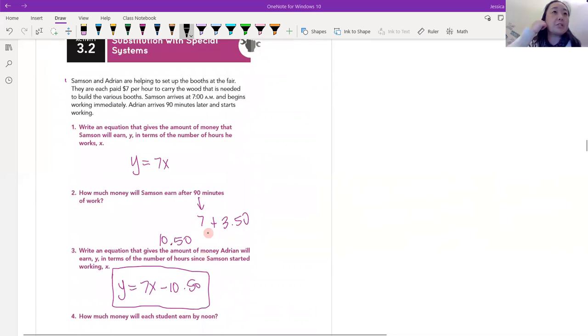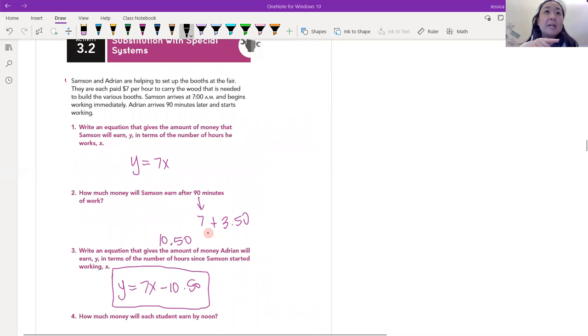So here we have another scenario. We have Samson and Adrian. Now, they want to earn a little bit of extra cash, right? So they're going to set up booths at the fair. They just need to get the wood and carry it to the different places so they can build their booth. And they're getting paid $7 an hour. Apparently, I don't know if this was before the minimum wage thing, or maybe it's outside of that.